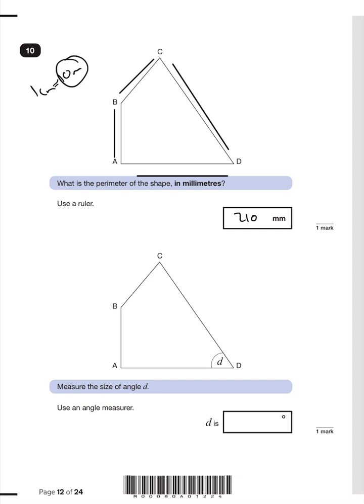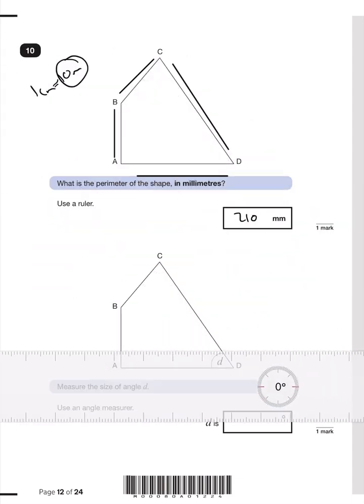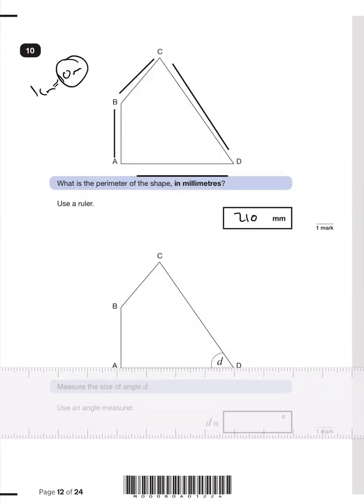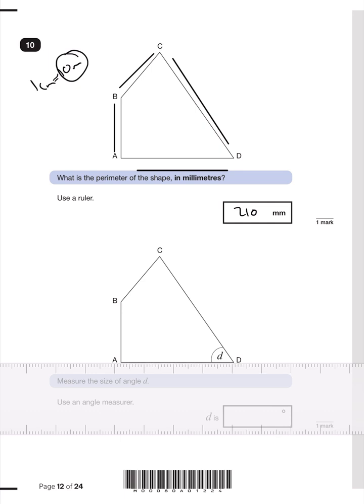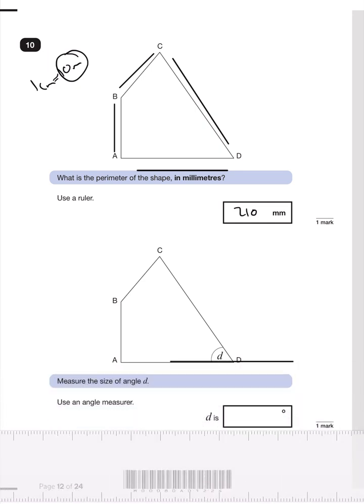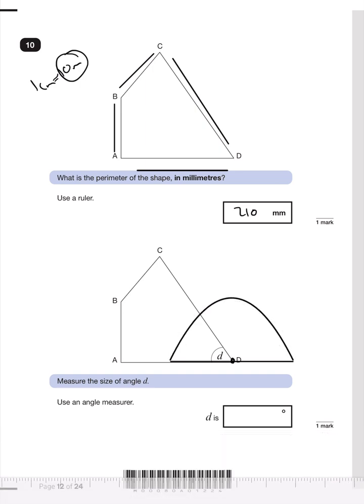And for the size of angle D, we get a protractor, which should look something like this. I can draw a protractor for you. This would be the center point. And we look at the 0 here.